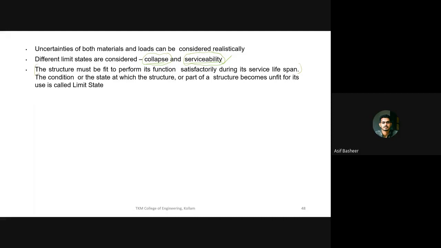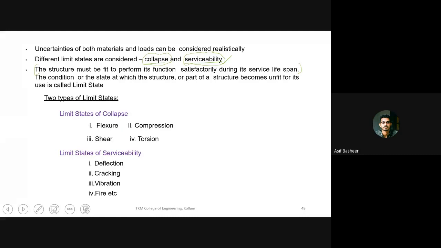The condition or state at which the structure or part of a structure becomes unfit for its use is called limit state. If the structure is not further usable, then that particular state is called the limit state. And there are mainly two limit states: limit state of collapse and limit state of serviceability.